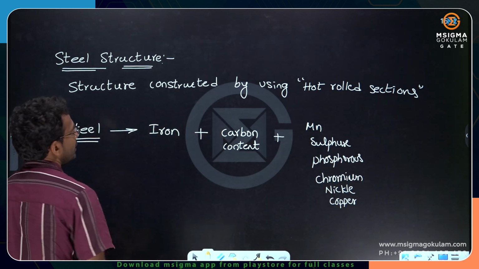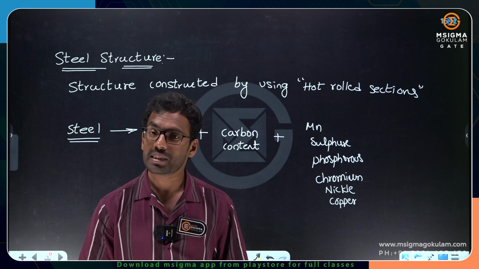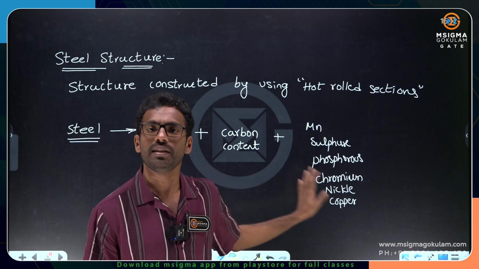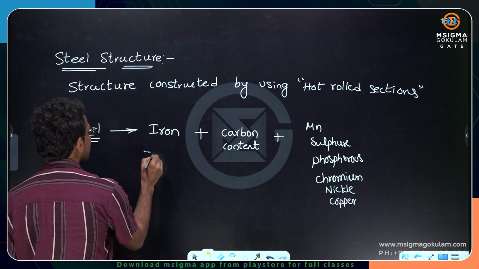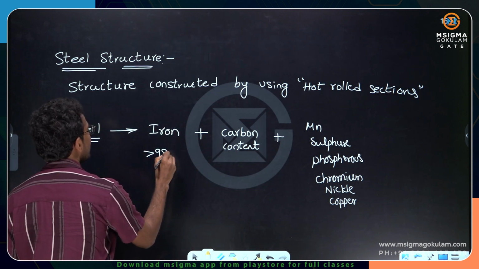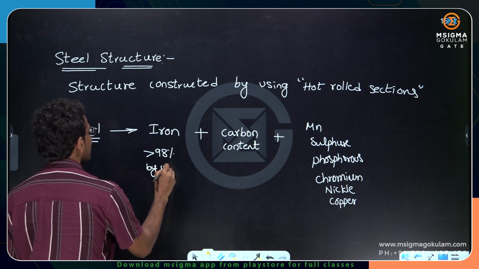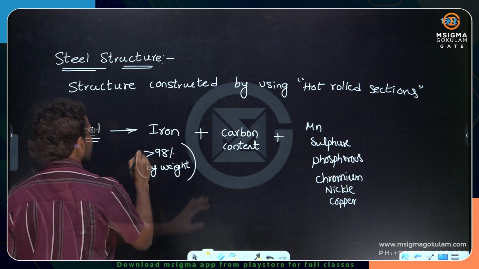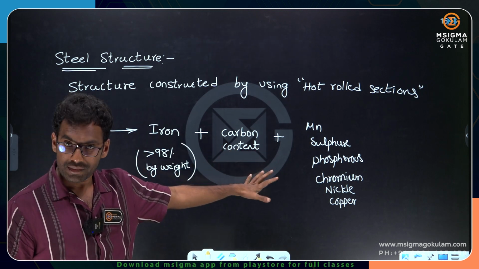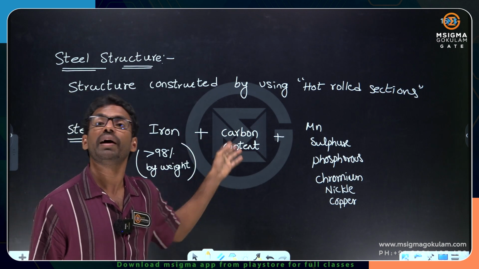Some of the examinations ask what is the percentage of iron in steel. The percentage of iron in steel is typically more than 98% by weight. Please understand, dear students, iron is more than 98% of the steel by weight, not by volume. What is the meaning of by weight?